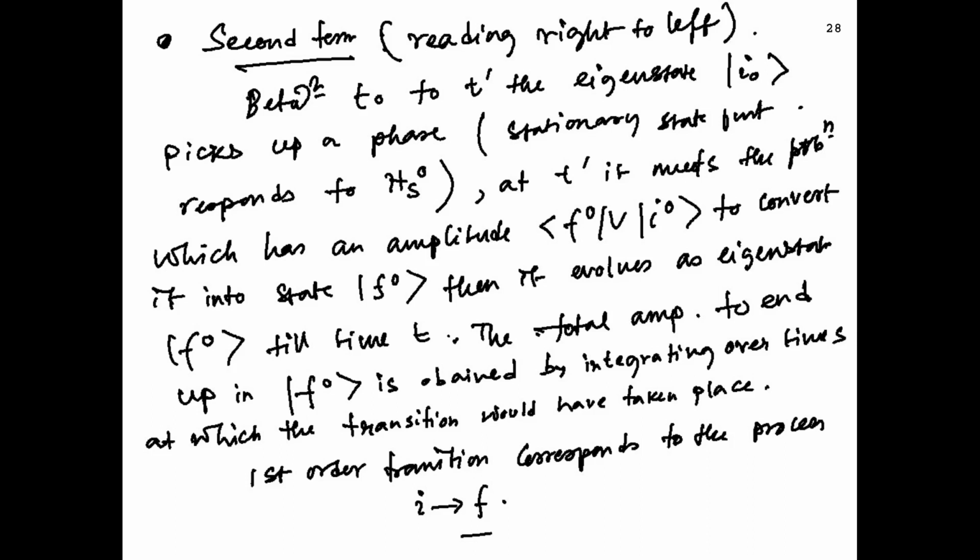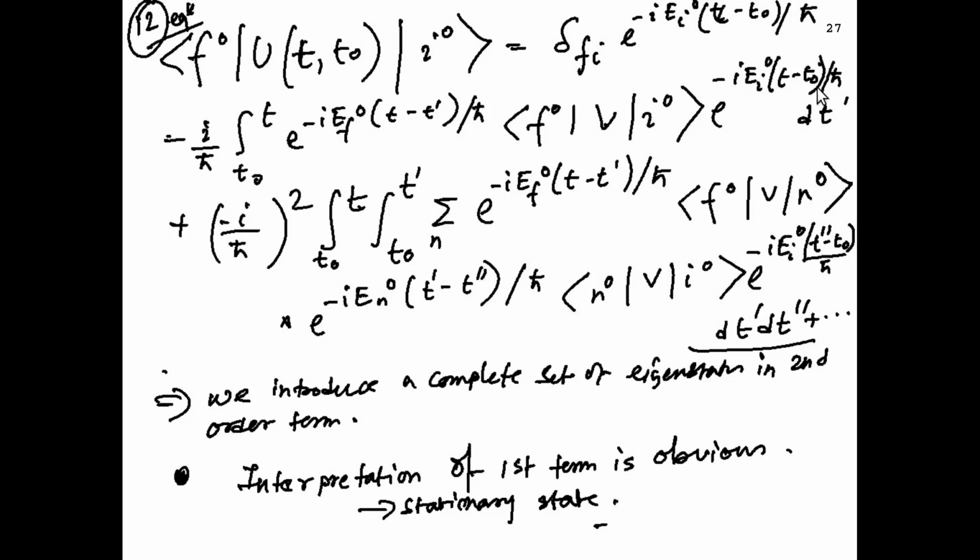So from t0 to t', you can also visualize it through the diagram. From t0 to t', we started with an eigenstate I0, which is an eigenstate of the unperturbed Hamiltonian H0. It picks up a phase which comes from the stationary state. If a stationary state evolves under a Hamiltonian H_S0, the only effect is to pick up a phase, and that phase shows up here.